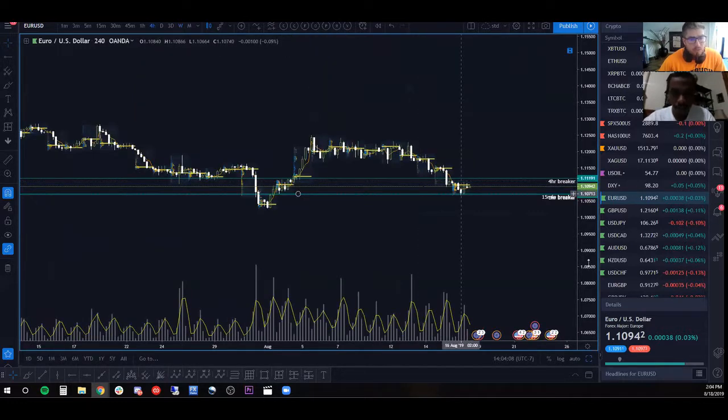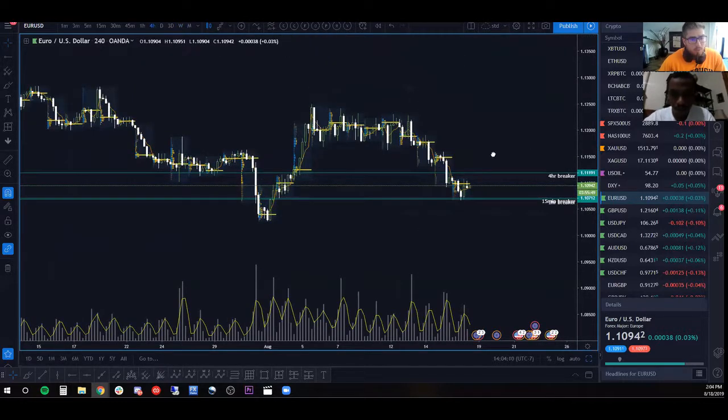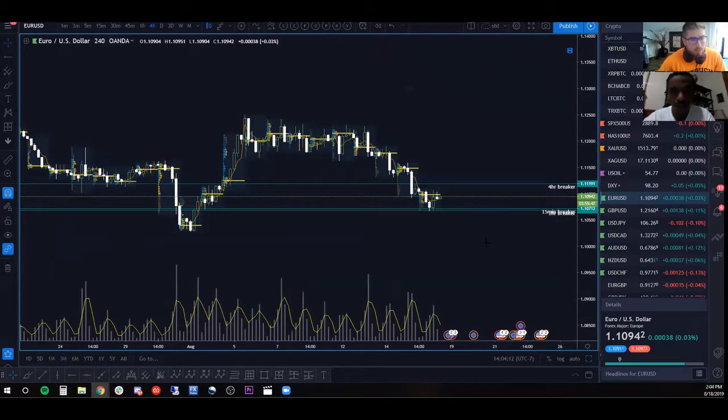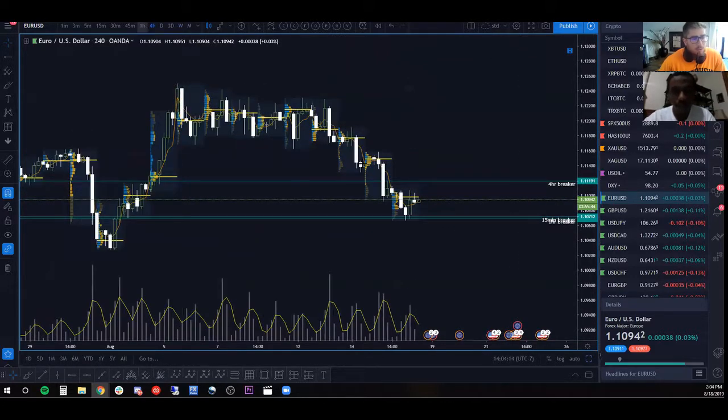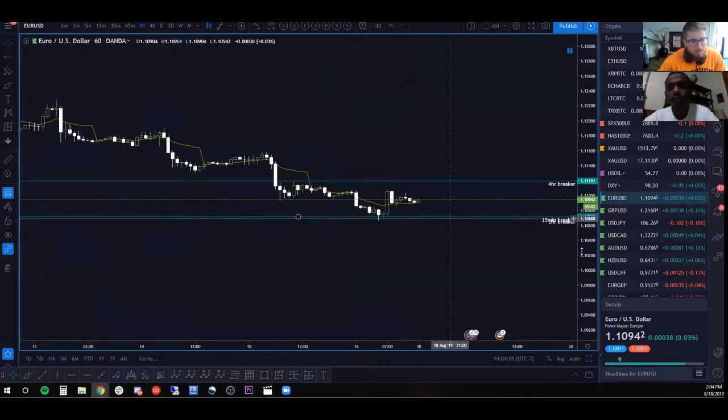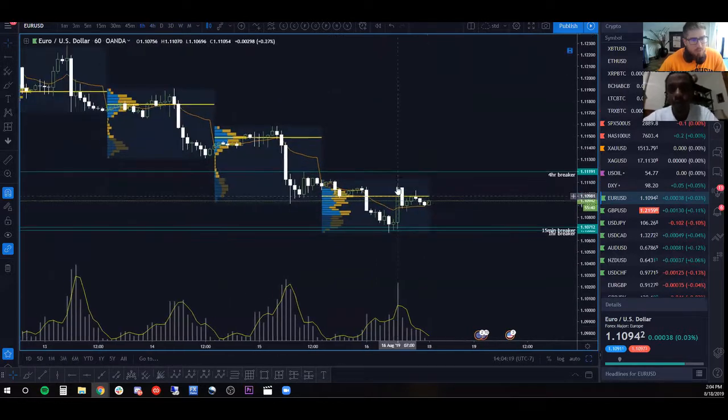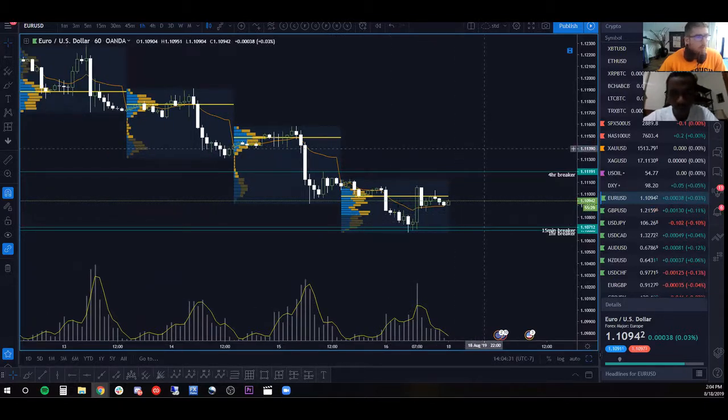We will be looking for another long here on a lower time frame. On the 1 hour, we see a massive engulfing candle with a little bit of pullback here. So we're going to look for maybe a long at the bottom of this order block, and if we're able to break above this 4 hour breaker that we've marked, then we're officially going to be bullish again.